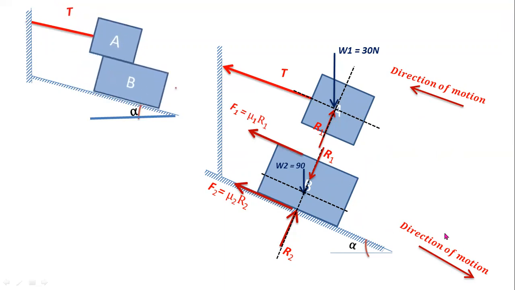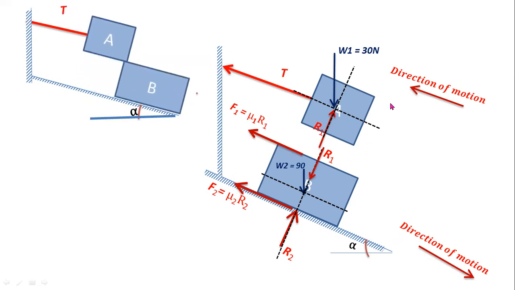Here the direction of motion of the block is downward, so you have to consider opposite frictional force. Frictional force is always opposite to the direction of motion of the block. This block is moving downward, so you have to consider two frictional forces in upward direction.